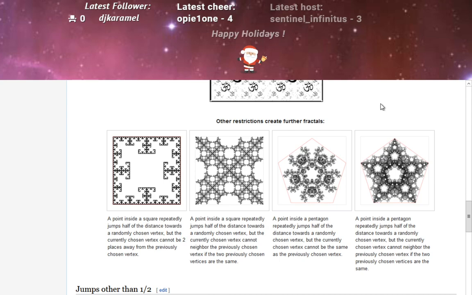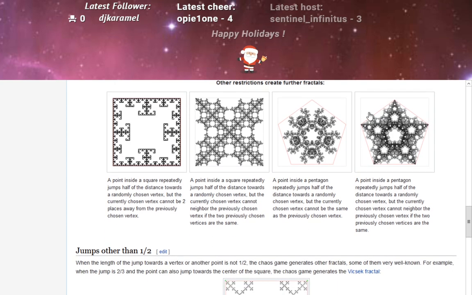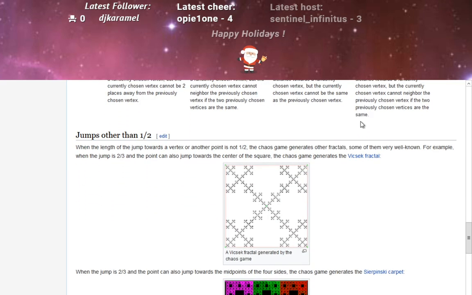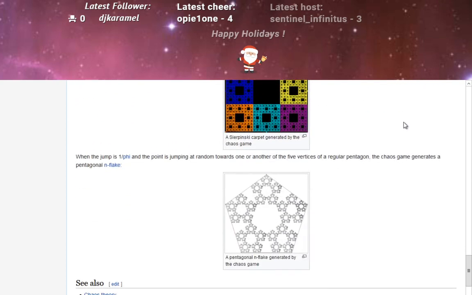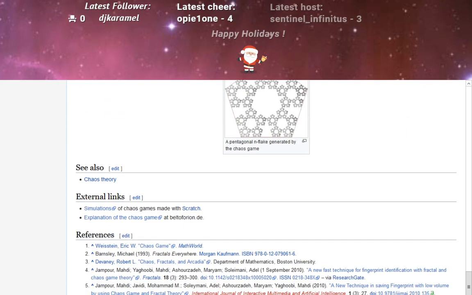But the current chosen vertex cannot neighbor the previously chosen vertex if the two previously chosen vertices are the same. This is easy stuff to program. It's just a bunch of loops and stuff. Or actually, if statements. I might save this one.